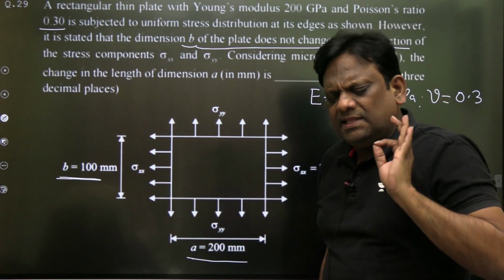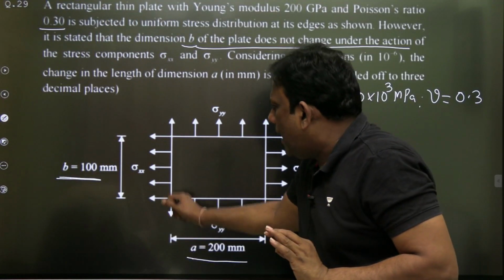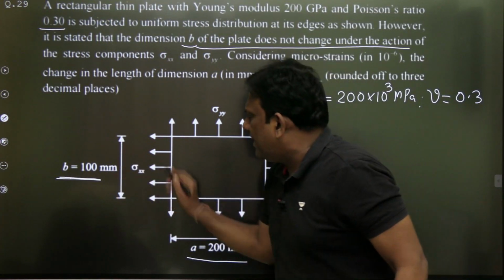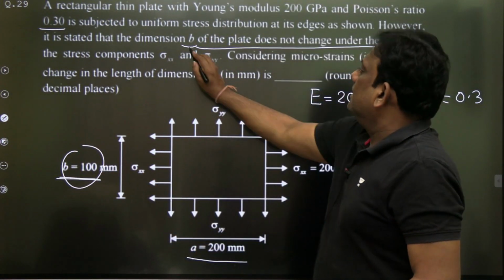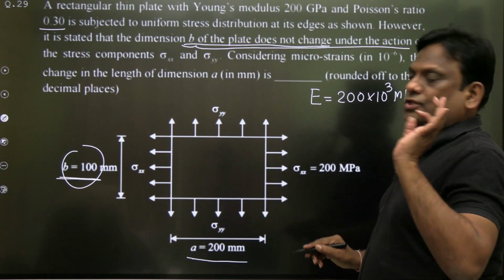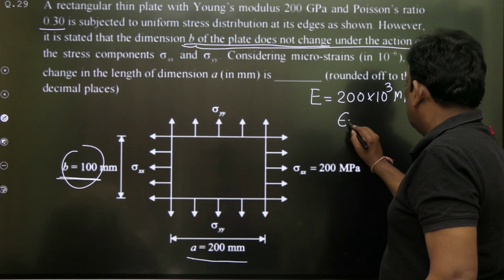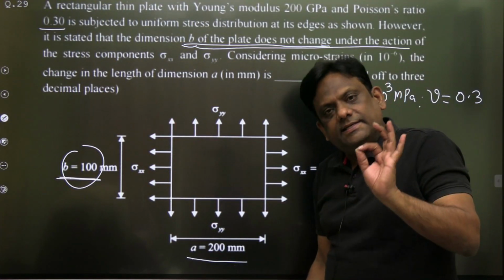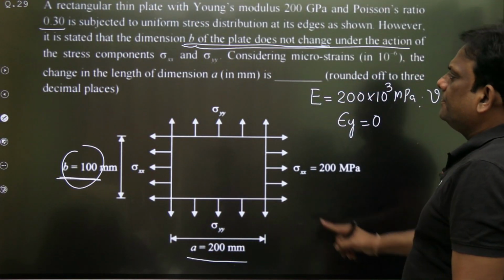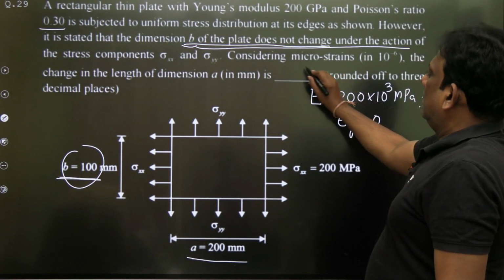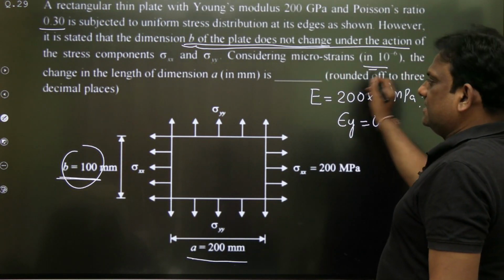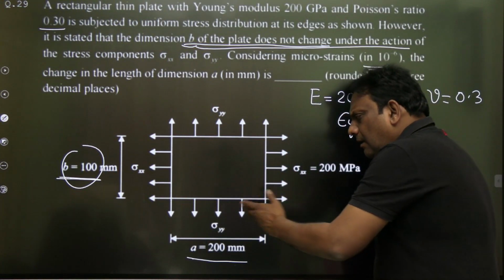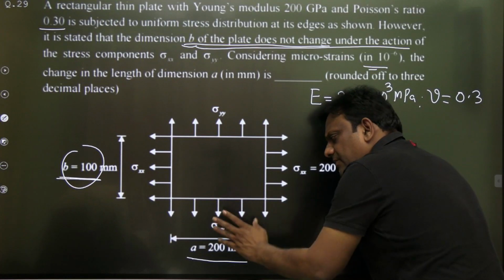So the strain in the y direction is 0. Can I write that? Yes. And the stress components are given. Considering micro strain, he is asking what is the change in length A?